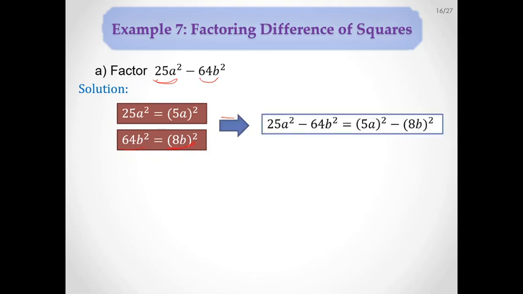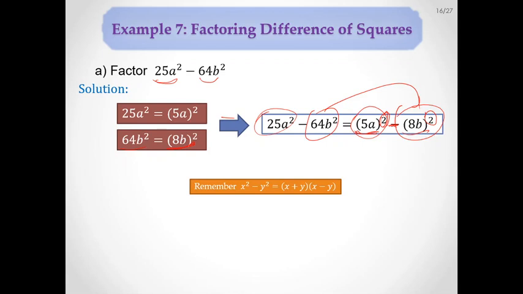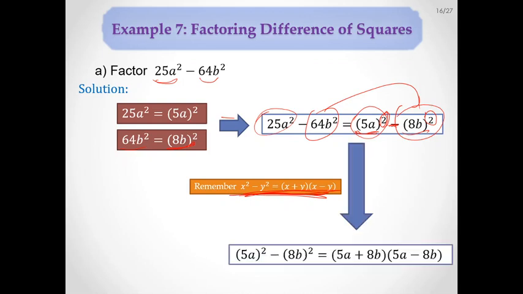So we substitute them, and as we see here, we have the difference of squares. We remember this formula: something squared minus something squared. If this is x and this is y, it has to be x plus y, x minus y. So we get the factoring.